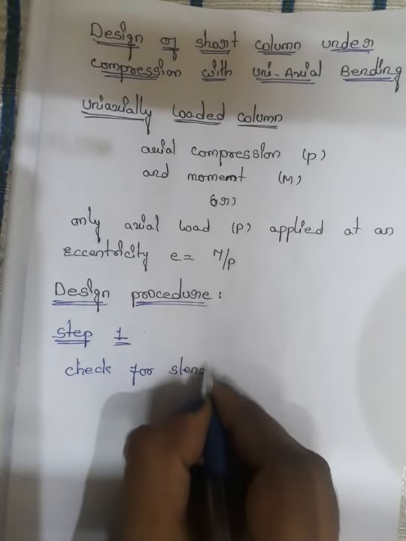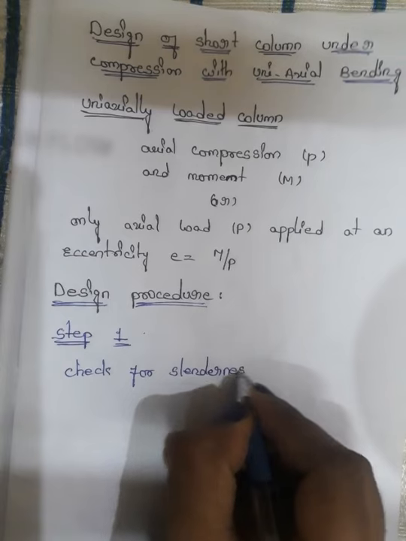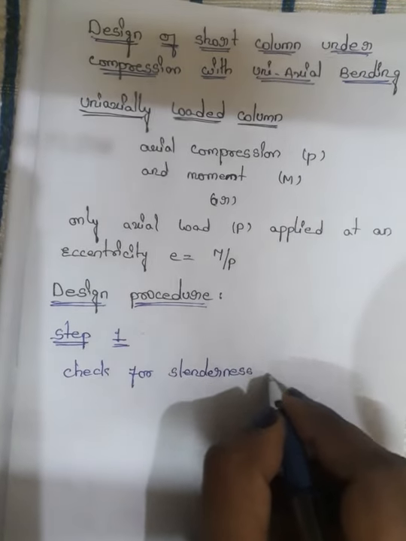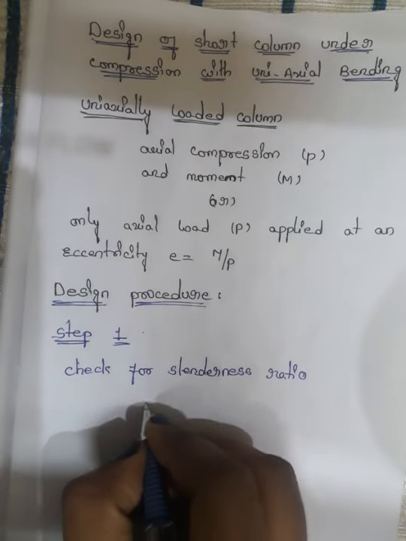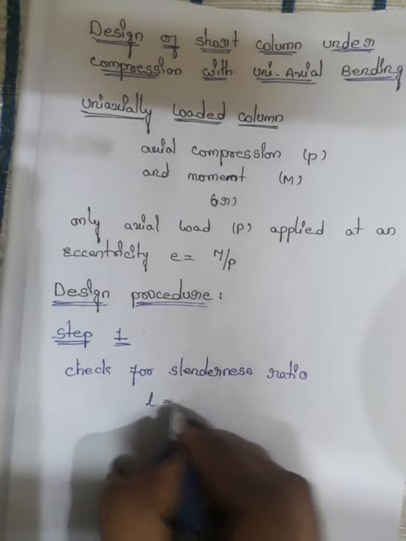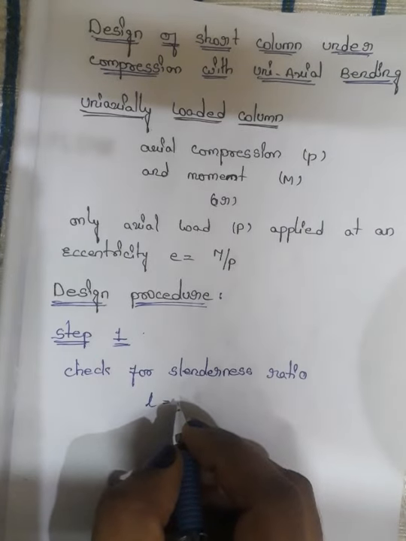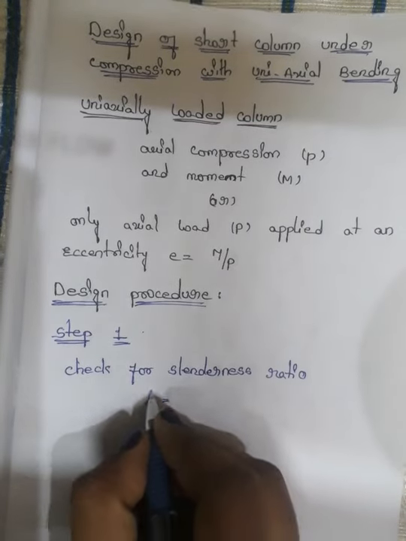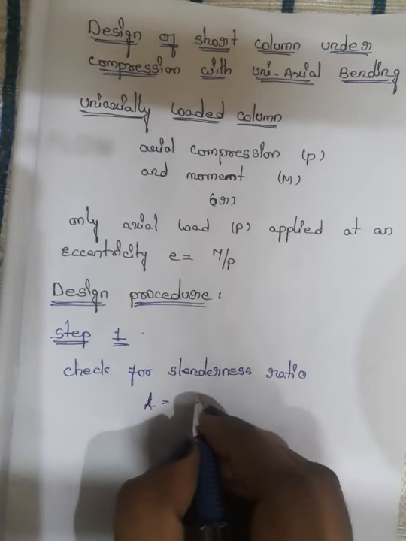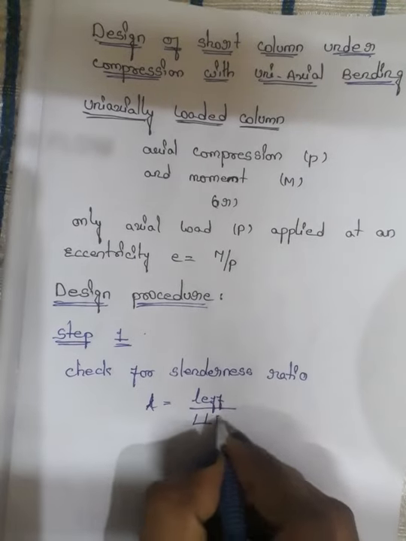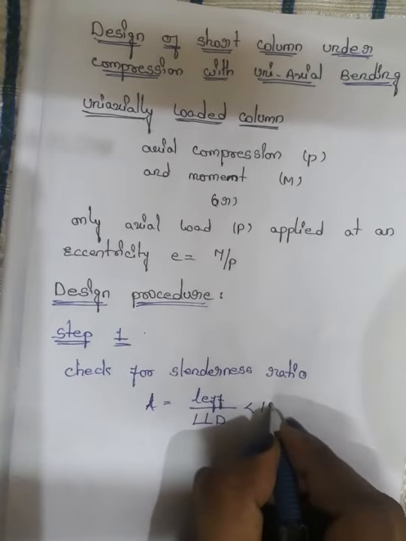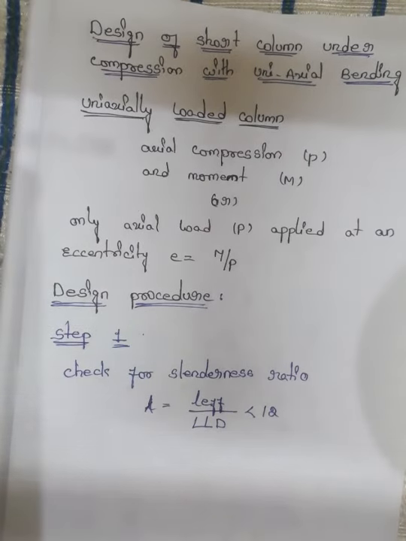Slenderness ratio is equal to effective length divided by least lateral dimension. If it is less than 12, then it is known as a short column. If it is greater than that, it is known as a long column.